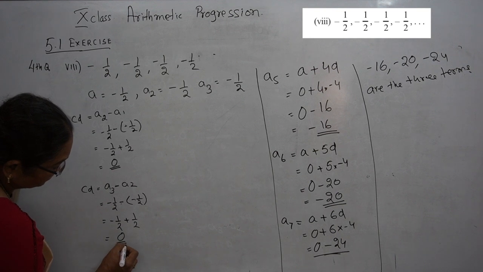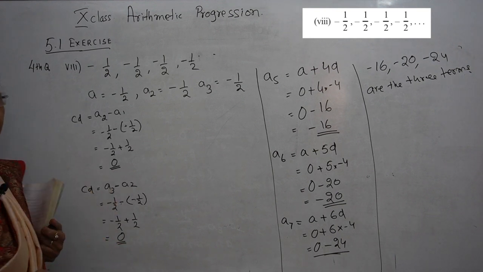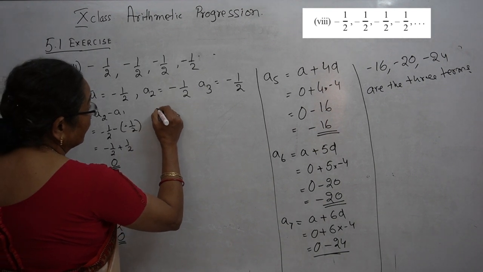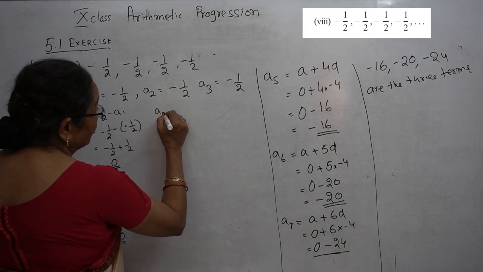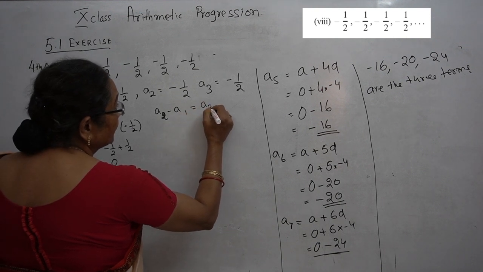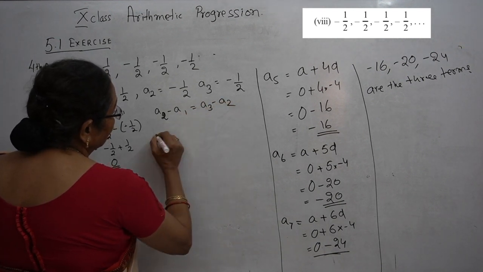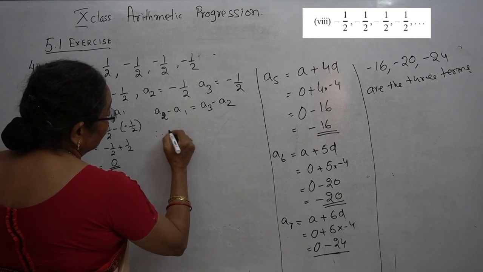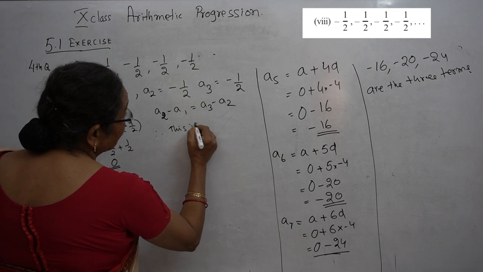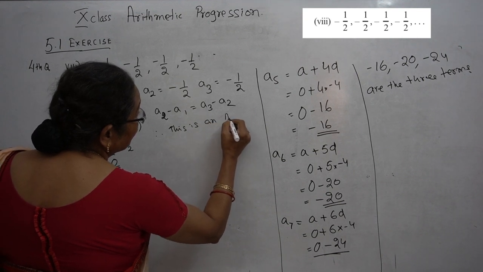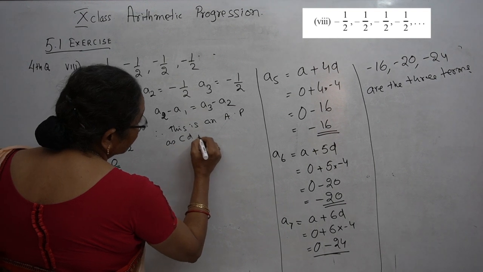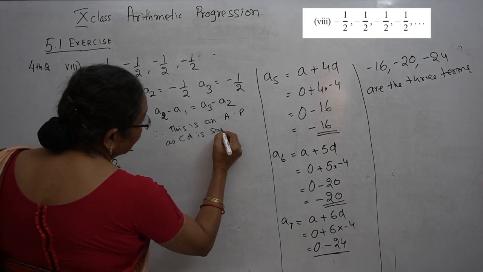So it gives 0. Our common difference is 0. Therefore A2 minus A1 is equal to A3 minus A2. Therefore this is an AP as the common difference is the same.